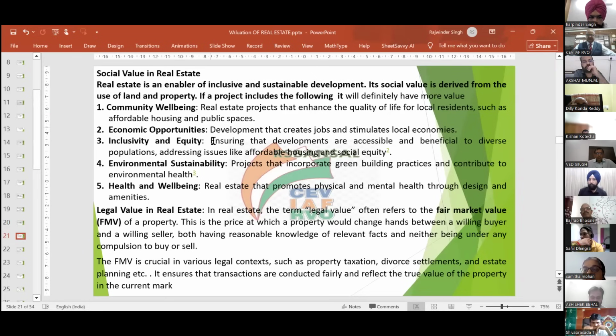Then social value. Social value depends upon the value of community well-being. Means situation, location of the building. This is especially for real estate values. Location of the property, quality of life of the inhabitants in that locality, economic opportunities available, environmental sustainability, and health and well-being amenities available in the area.